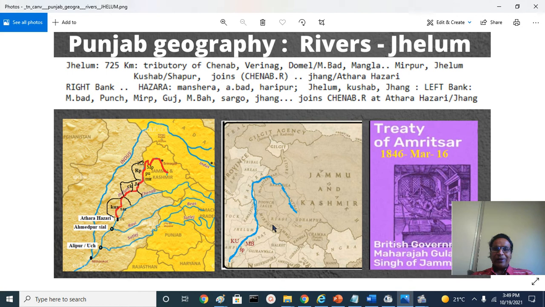Crossing the river from Rawalpindi Murree Road at Kohala Bridge is entering Maharaja Hari Singh's territory. The Treaty of Amritsar, 1846, March 16, between Raja Gulab Singh Dogra and the British Governor General's representative Frederick Currie, awarded all the hilly areas between Indus River and Ravi River, and JHELUM River to Maharaja Gulab Singh, who was made Maharaja.